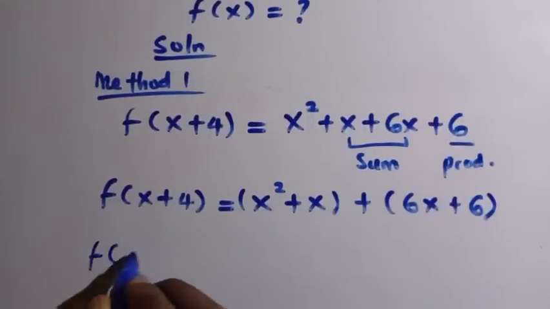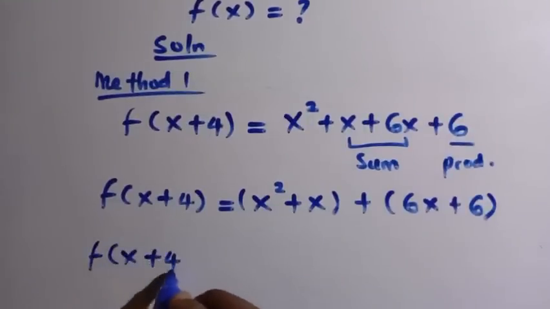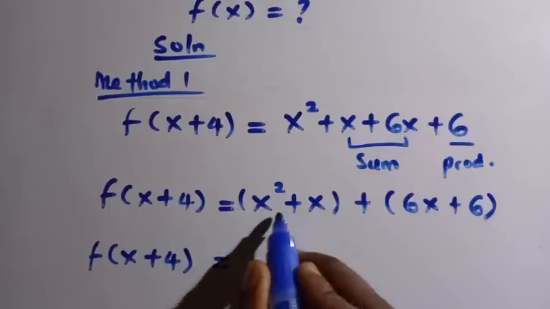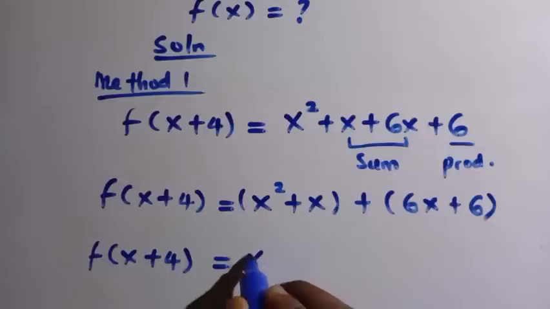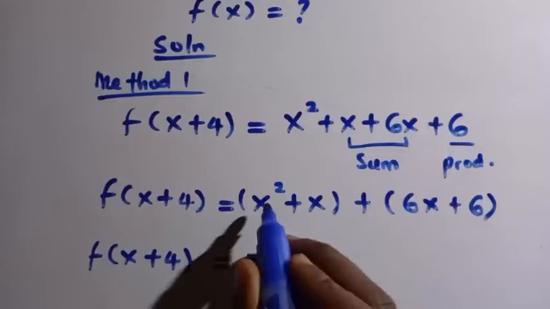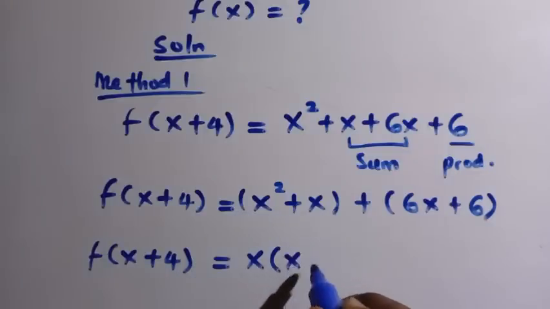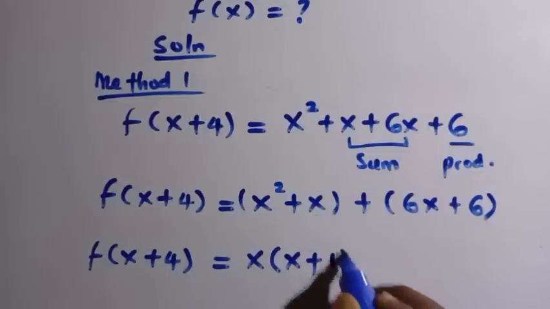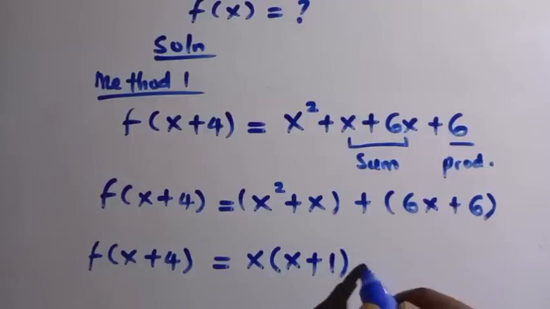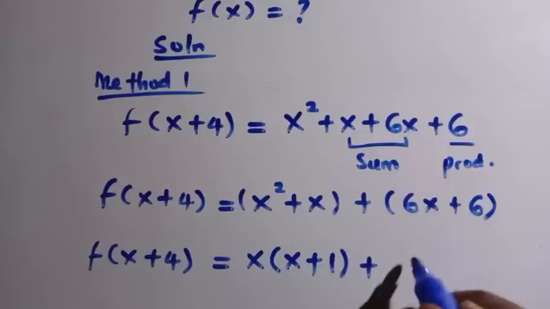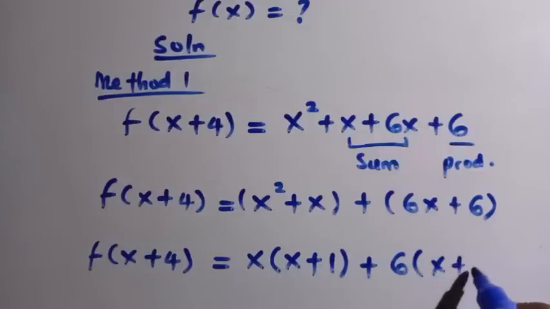So we have f of x plus 4 equals, what is common here is x. We can factor it out. Then when we divide this one by x, we have x plus, divide this one by x, that is 1. So here we have plus, we factor out 6. So here remains x plus 1.